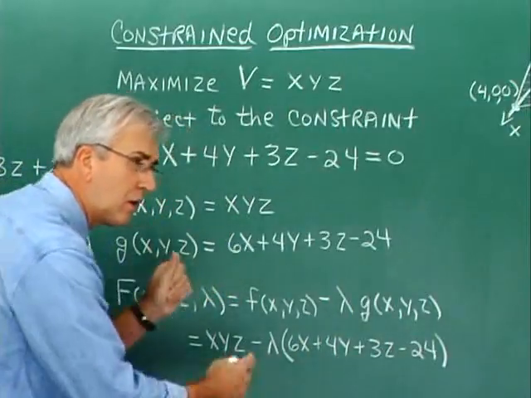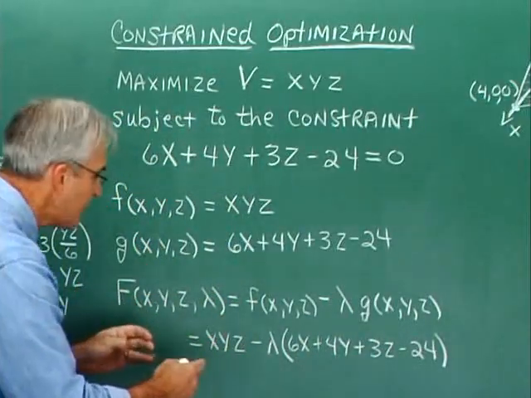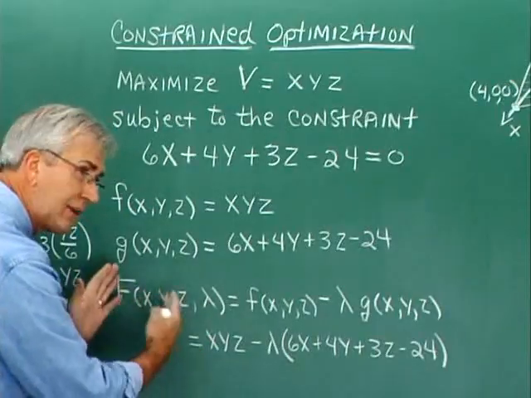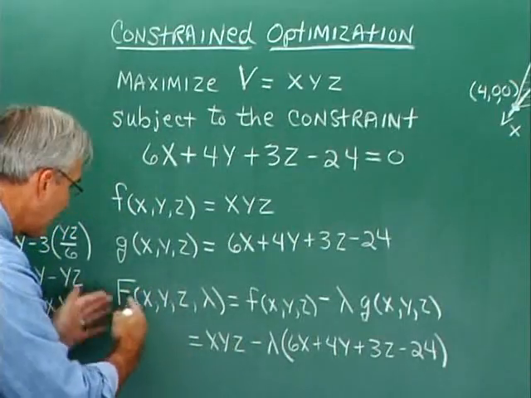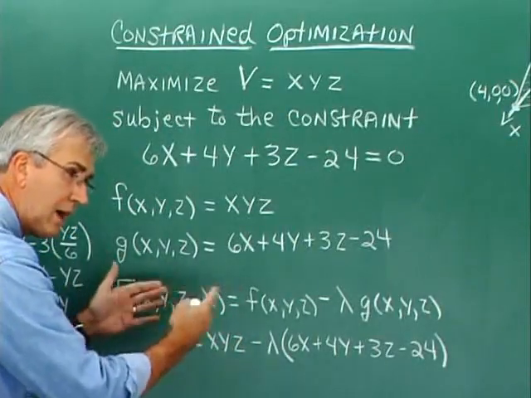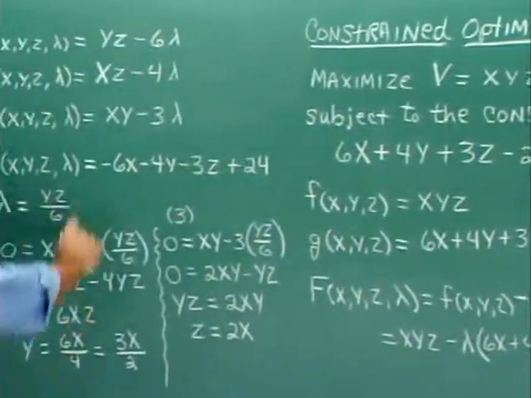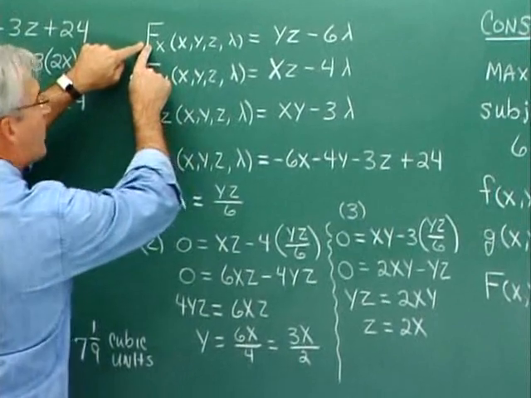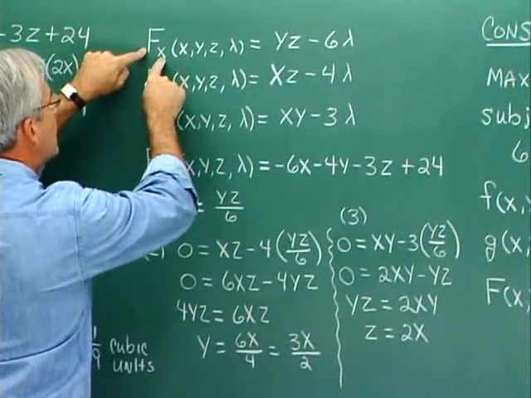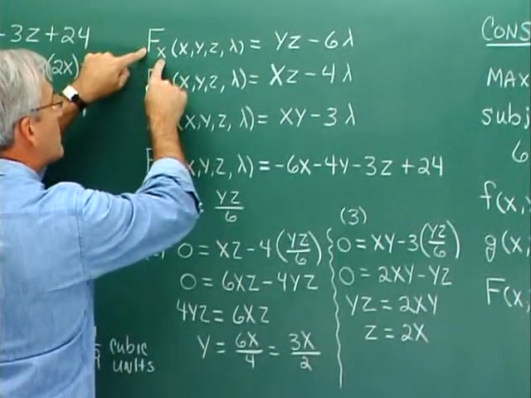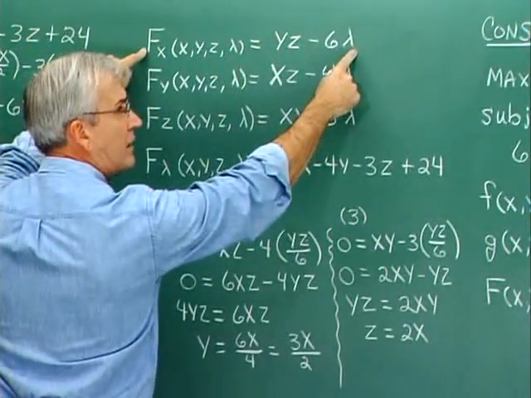Now we are going to go through the process of taking our little derivatives. You see the derivative of f in terms of x, in terms of y, in terms of z, in terms of lambda. Let's do that over here. We have the partial derivative in terms of x, the derivative of f in terms of x, turns out to be this little expression.